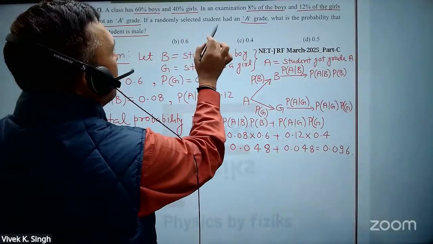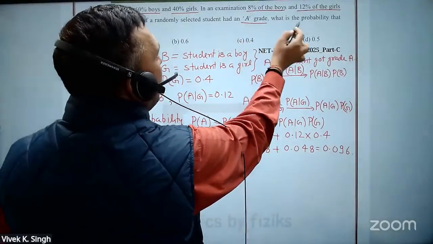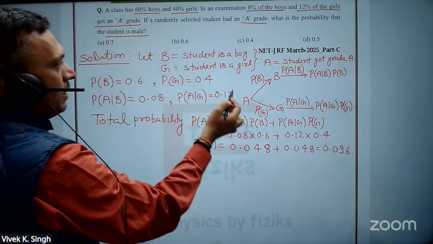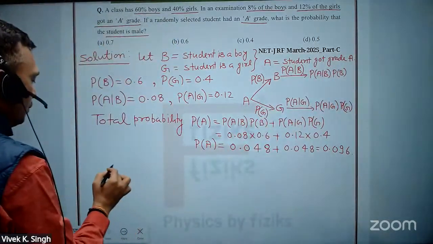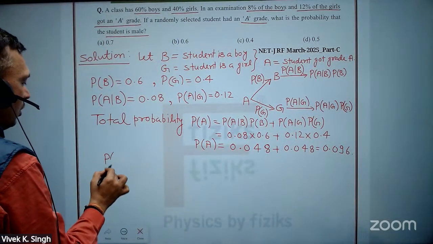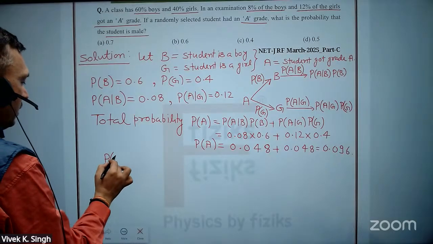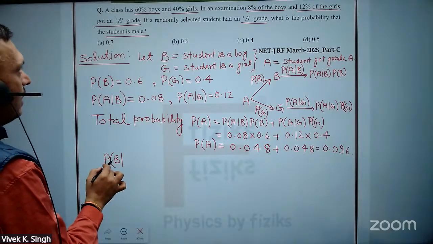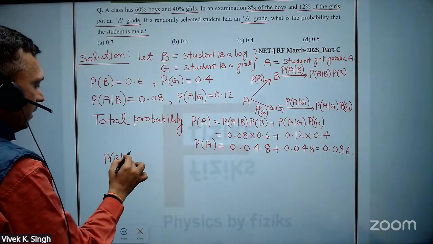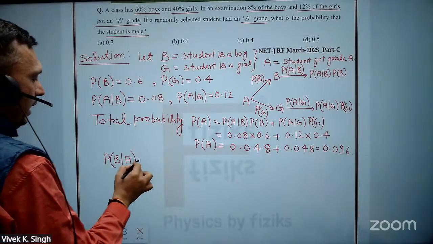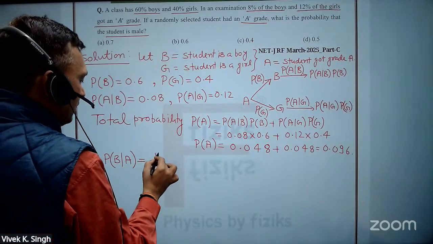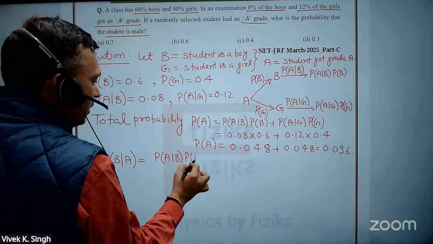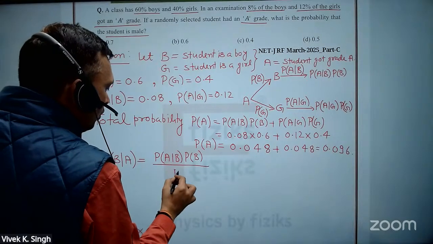So what will be the probability that the student is a male, provided they got grade A? So we have to see this particular value. This will be given by simply P(B) divided by the total probability.